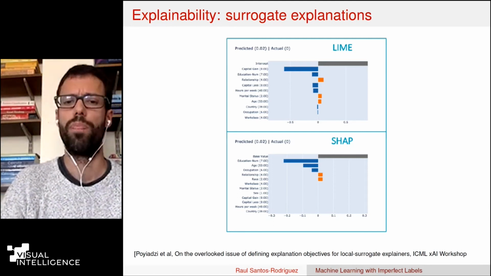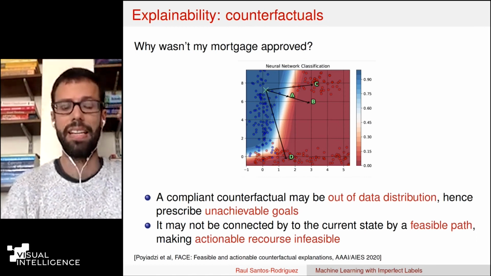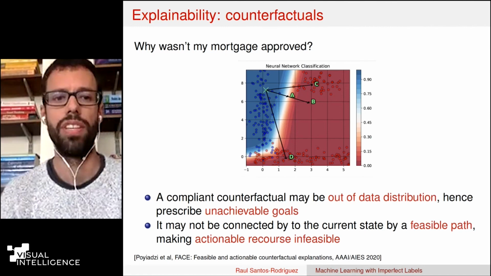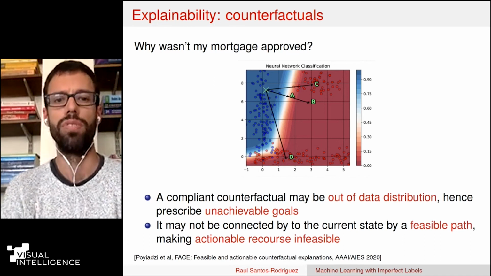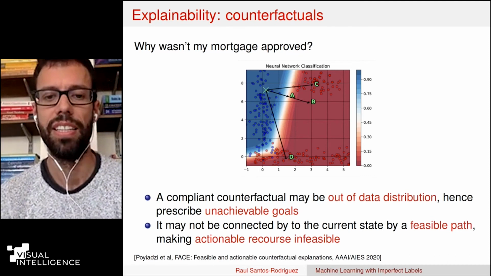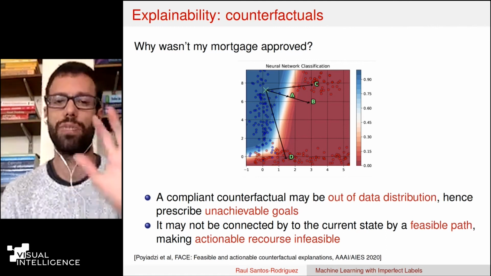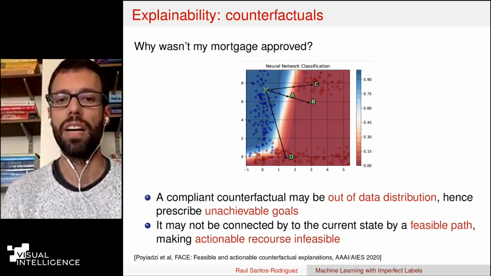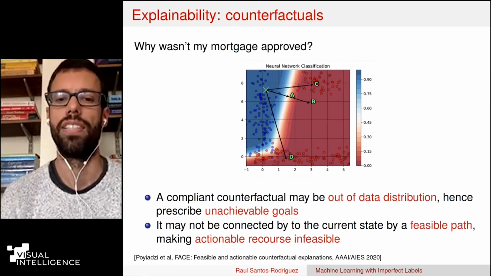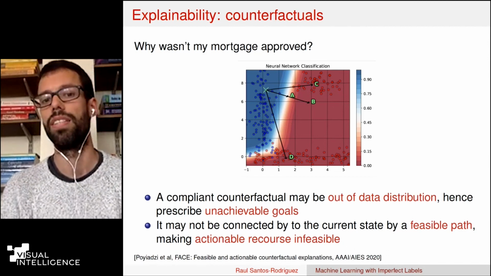And that motivates other approaches like counterfactuals that I'm going to mention as quickly as I can. So in counterfactuals, you want to answer the question of, why wasn't my loan approved, if this was a binary classification task? And usually what you want to achieve is that if I'm from class A or class 1, can you give me the closest point in class 2 that in a way I will understand as my counterfactual because it's very close to me and belongs to the other class.